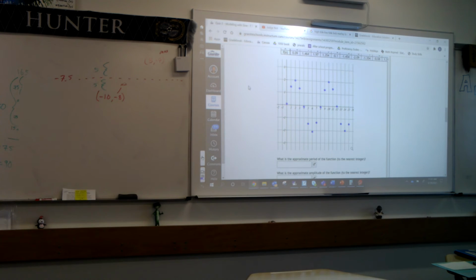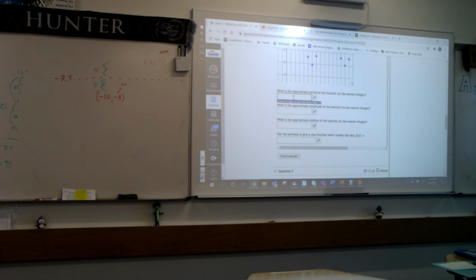Let's check those real quick. So approximate period is 8. Check that. Boom. Amplitude is about 2. Yep. And the midline looked like 0.